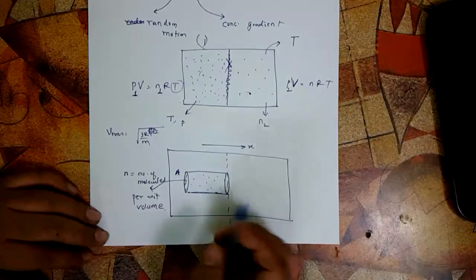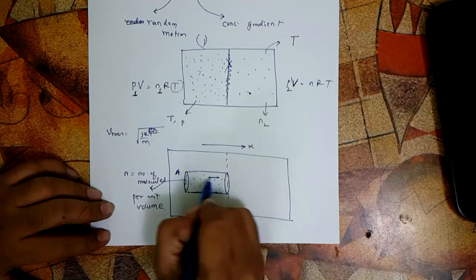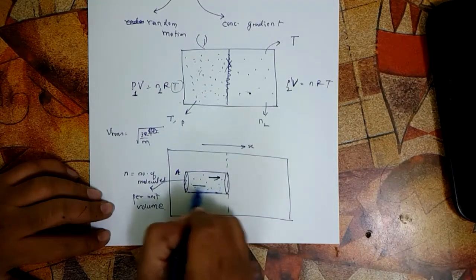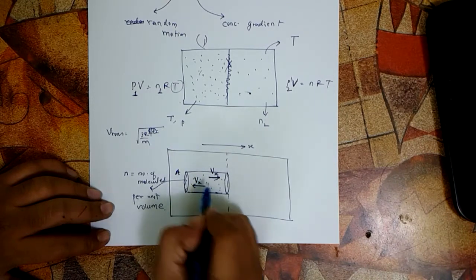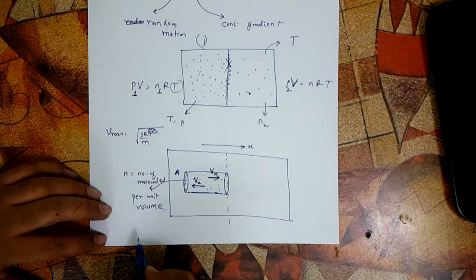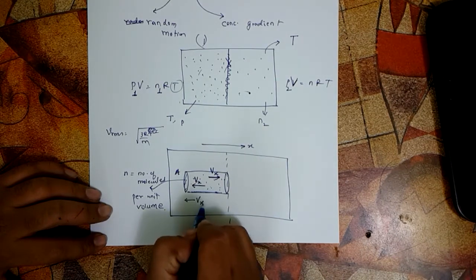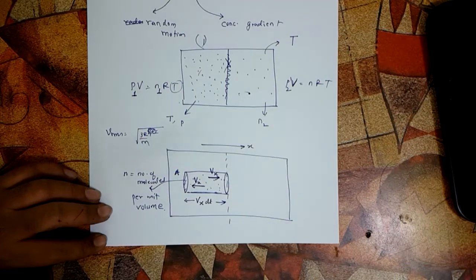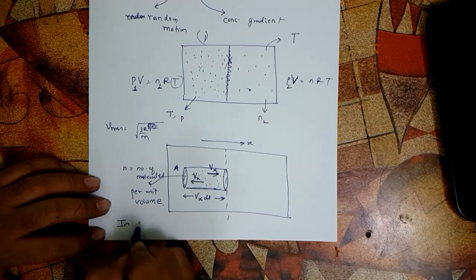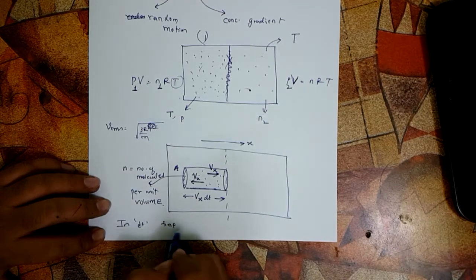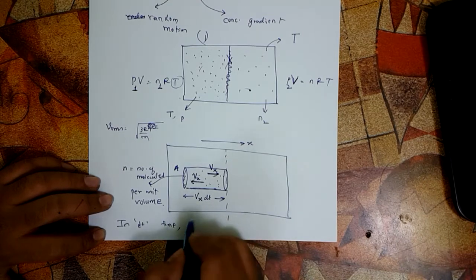So these will have their velocity. Let's say because of the random motion, half of these molecules have velocity like this and half of the molecules have velocity like this. So that is this Vx here and this is Vx here. Obviously they may have some Vy and Vz also. Now let's consider this length, which is Vx dt. Now in dt time, what is the distance covered by each molecule in the x direction?